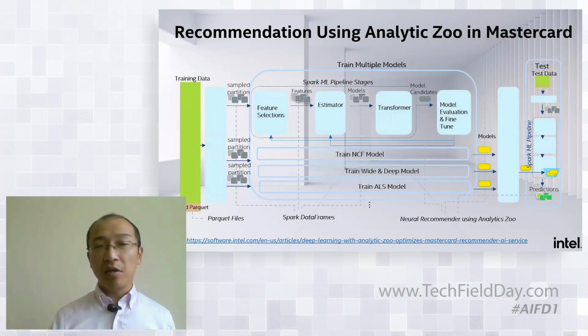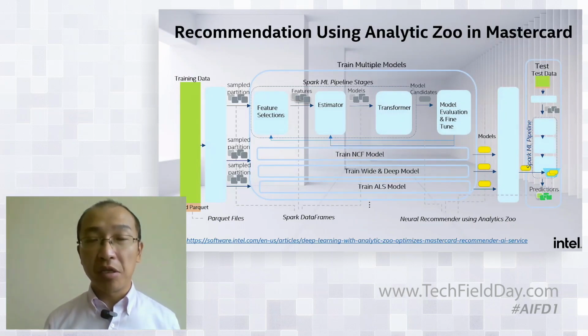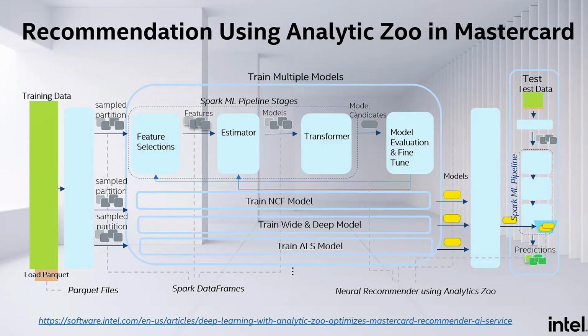Next, I will talk very briefly about this use case because this is also a recommendation use case. You might not be aware, but Mastercard is running a bunch of recommendation applications. They look at their transaction data, which is stored in their Hive data warehouse running on their Hadoop cluster, actually a Cloudera cluster, where they need to run many different recommendation models for different applications.